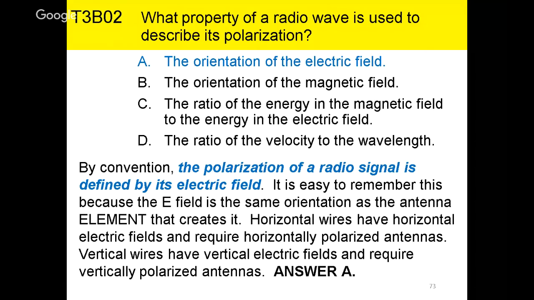So it's easy to remember this because the E field is the same orientation as the antenna element that creates it. So if you have a vertical element, your electric field polarization is vertical for that radio signal.